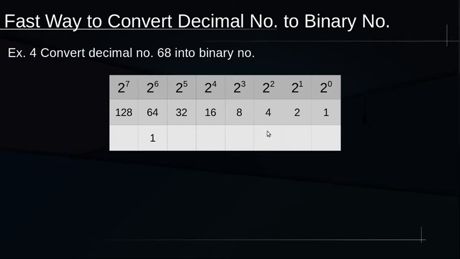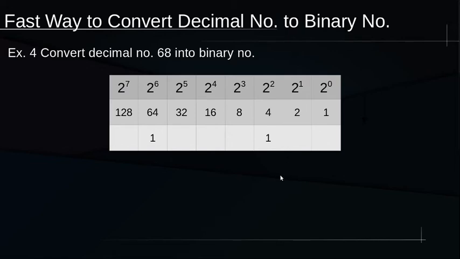Then we try to find the next less than or equal to value in respect of 4. So we find this 4. We write 1 underneath this 4. Then we subtract 4 from 4, we get 0.